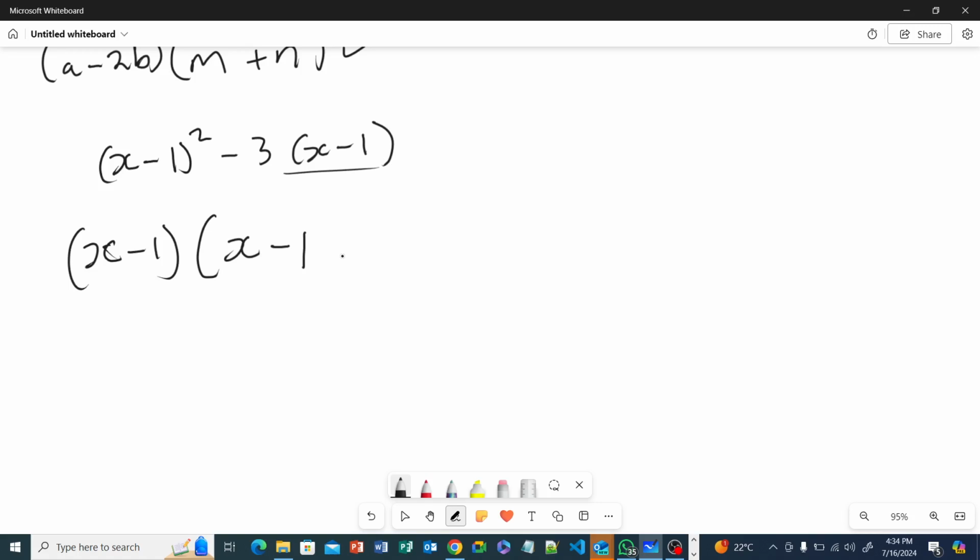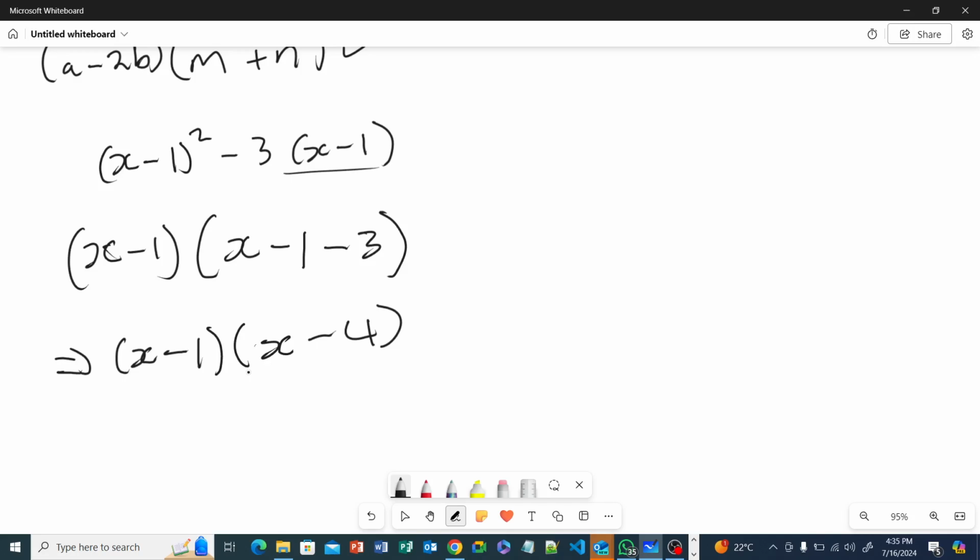You need to write that down too. So we have negative 3 from the second term. Now you need to simplify your expression. So you have (x minus 1) into (x minus 4).